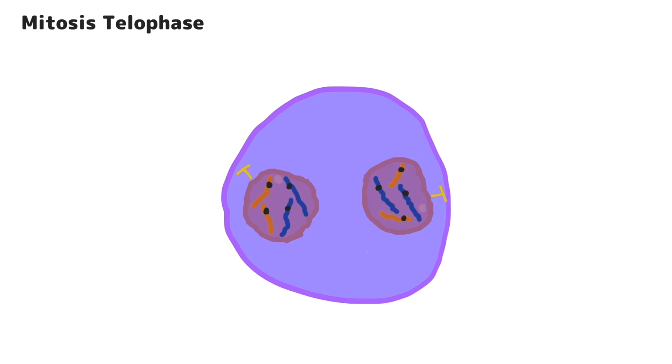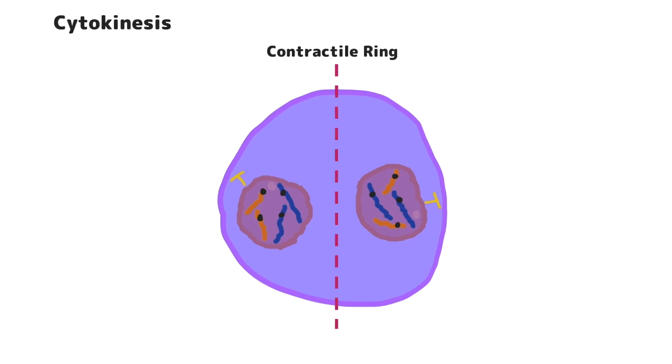But as we know, they're still in one cell membrane, the same membrane. In most cells, when divided mitotically, they also recreate some part of the cell membrane, so they have different cell membranes, and that's what happens during cytokinesis.